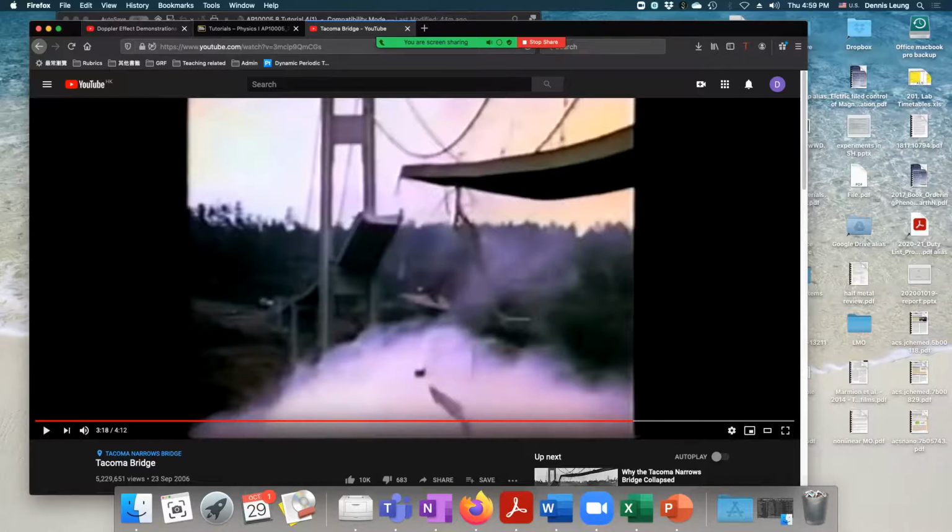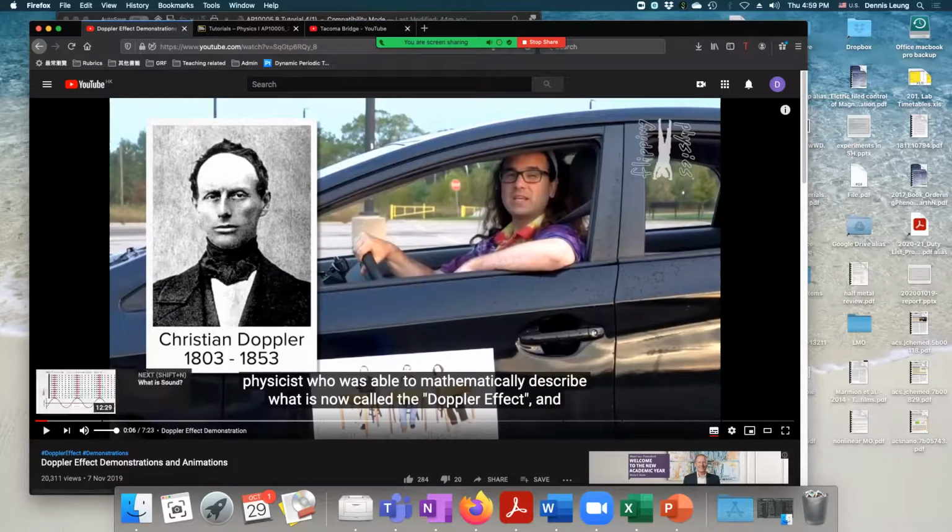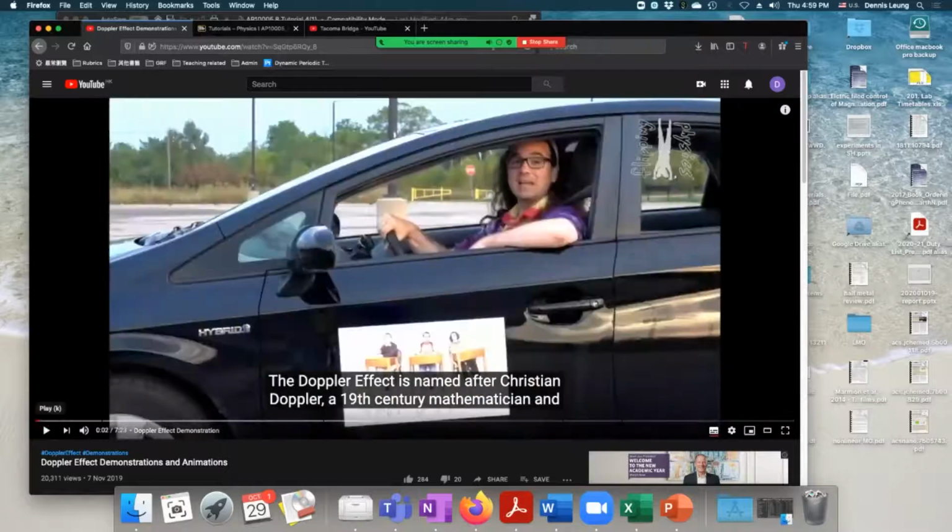And that is one of the special effects of the waves that is commonly discussed in the sound waves. So that is the Doppler effect. So I will just play it. It is around 7 minutes, I think. Hopefully that would cheer you up after the whole 1.5 hours of lesson.